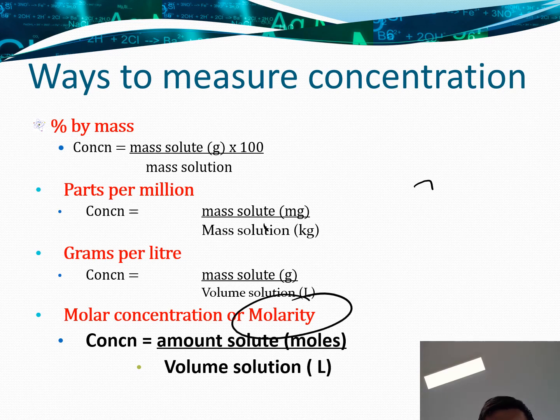There are 3 other ways to calculate concentration. We can do it by grams of stuff. Parts per million is milligrams per kilogram.